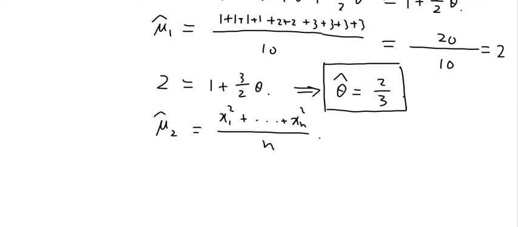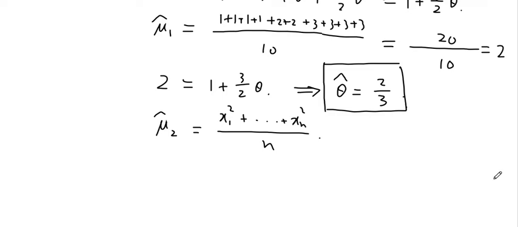Mu2 hat is x1 square plus x2 square plus xn square, divided by n. So mu3 hat is just x1 cubed plus xn cubed, and so on. Right? So these are sample moments.